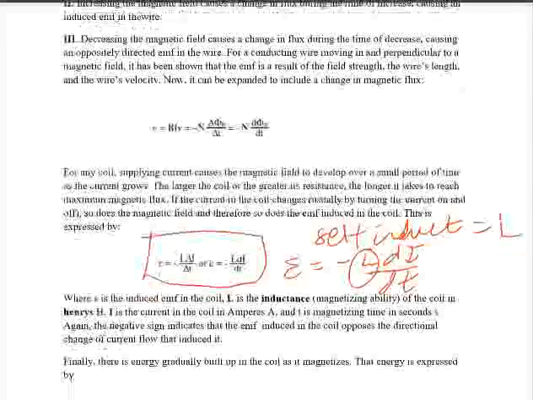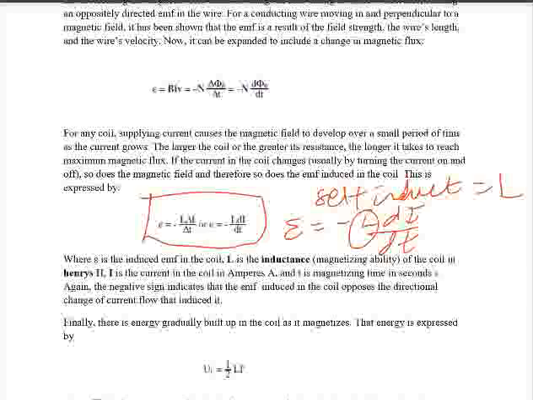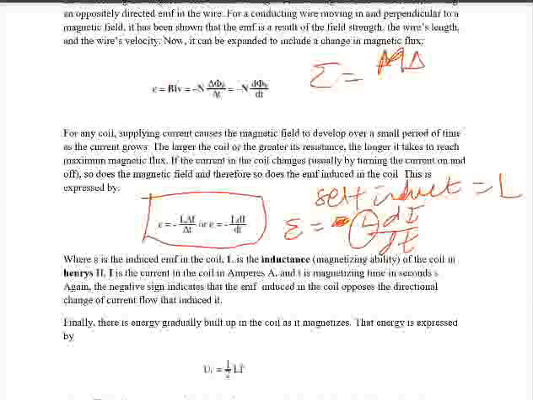The second one is mutual inductance. Mutual inductance is the inductance which is produced by the neighboring coil. Therefore, for mutual inductance, induced EMF is equivalent to minus of what? Let us neglect the minus, the minus indicates the direction. Therefore, mutual inductance times change in I2, which is the neighboring current, divided by change in t.